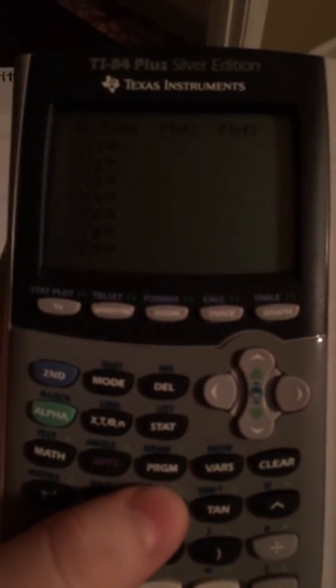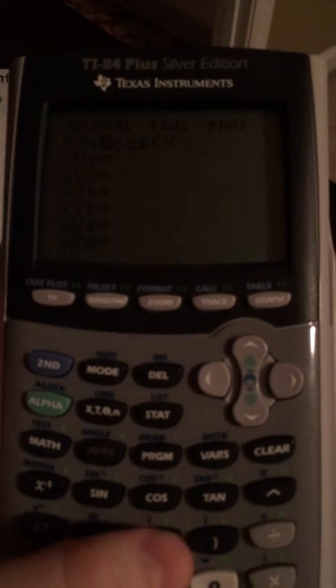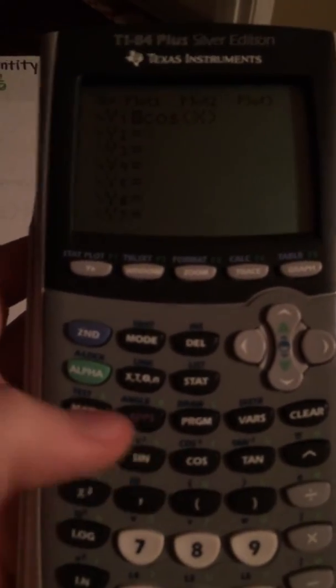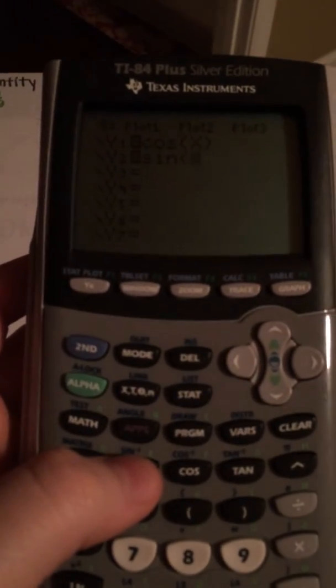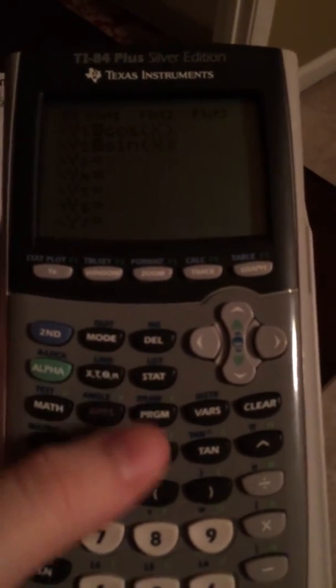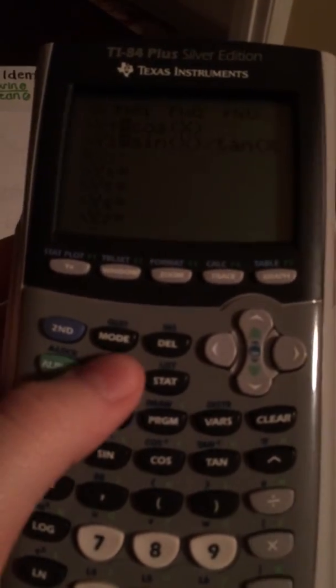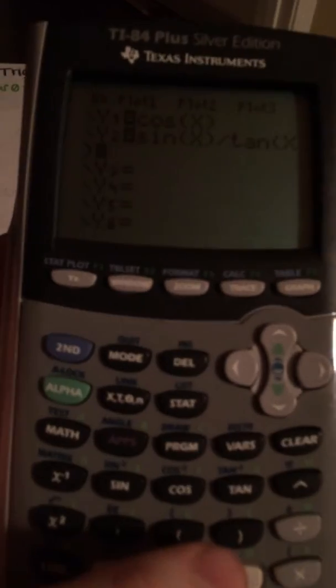So I'm going to go to y equals, and I'm going to plug in cosine x as my y1, and then I'm going to plug in sine x divided by tangent x as my y2, as you can see there.